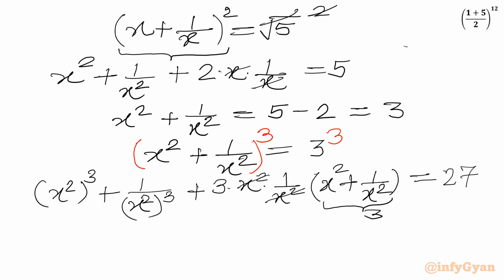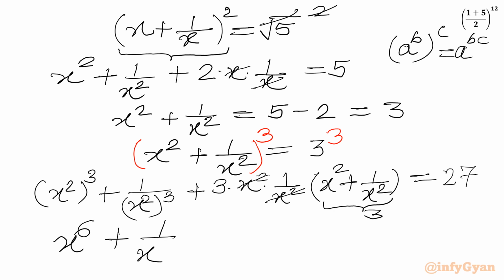I will use property from exponents: (a power b) whole power c is equal to a power b times c. So here I will be writing x power 6 plus 1 over x power 6 plus 3 times 3, 9, equal to 27.